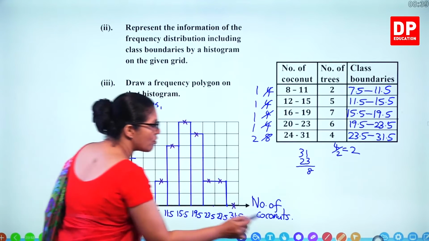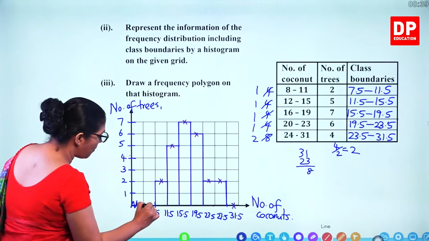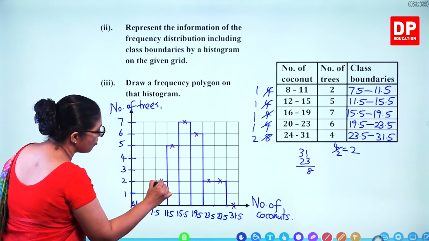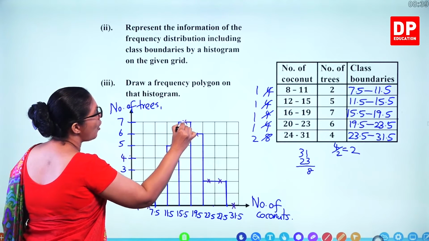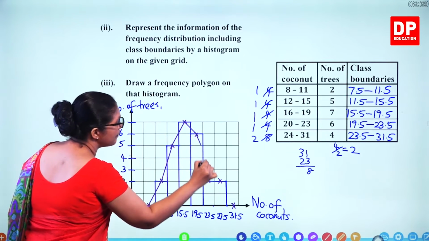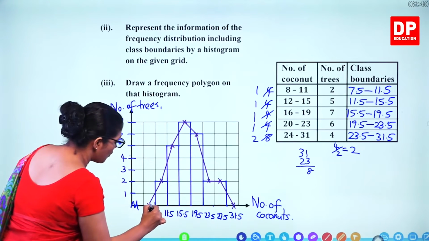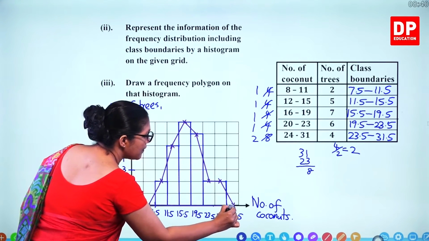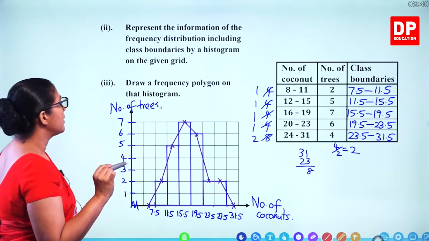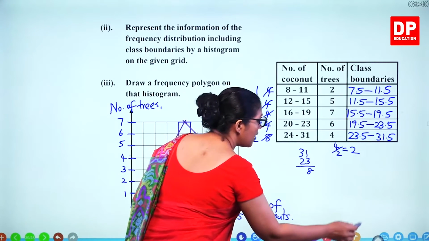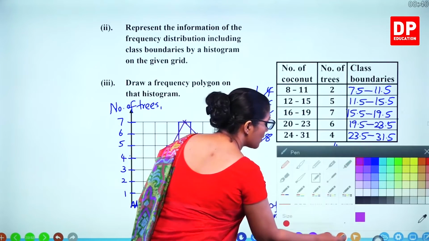Now you can connect all the midpoints. That's called the frequency polygon. So we did the histogram as well as the frequency polygon.